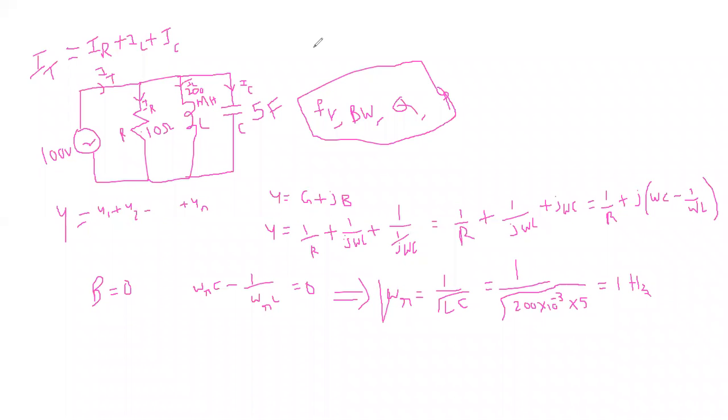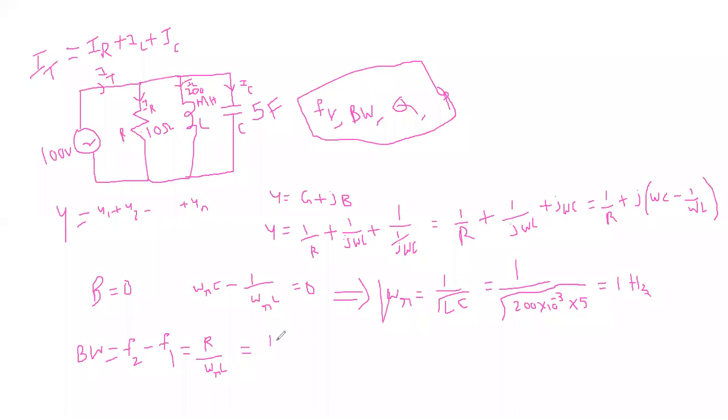Next question is bandwidth. What is the formula for bandwidth? F2 minus F1. Bandwidth equals F2 minus F1. That is equal to what was derived in the last class for the parallel circuit: bandwidth equals R by omega L, or omega R into L. What is the value of R?